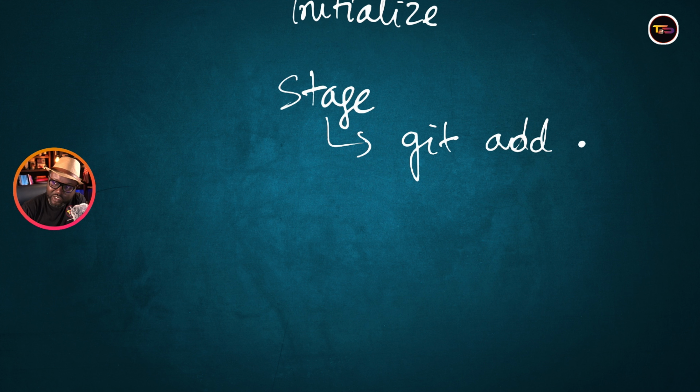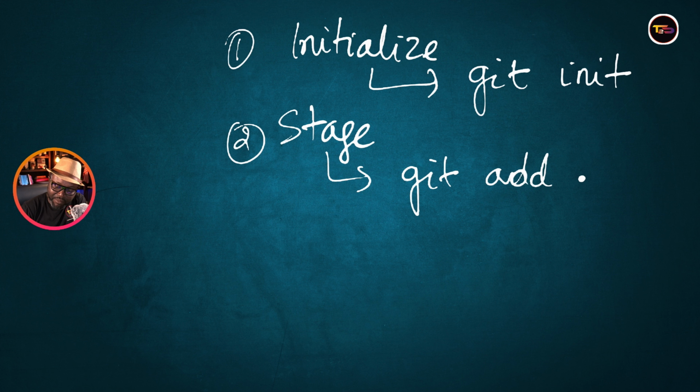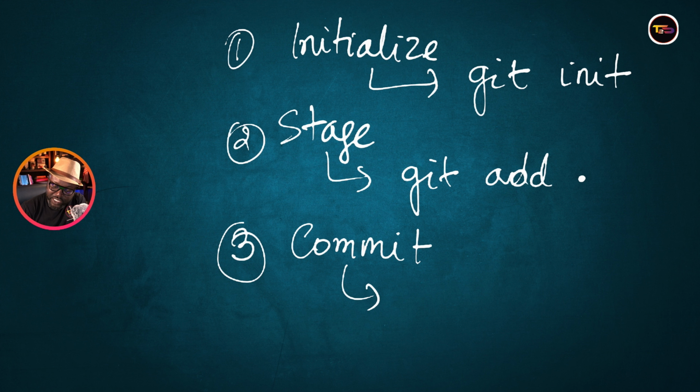We initialize by using the git init command. So that'll be number one, and then number two, we stage. Number three, we will have to commit. We commit by using the git commit command, and we can add a message here.